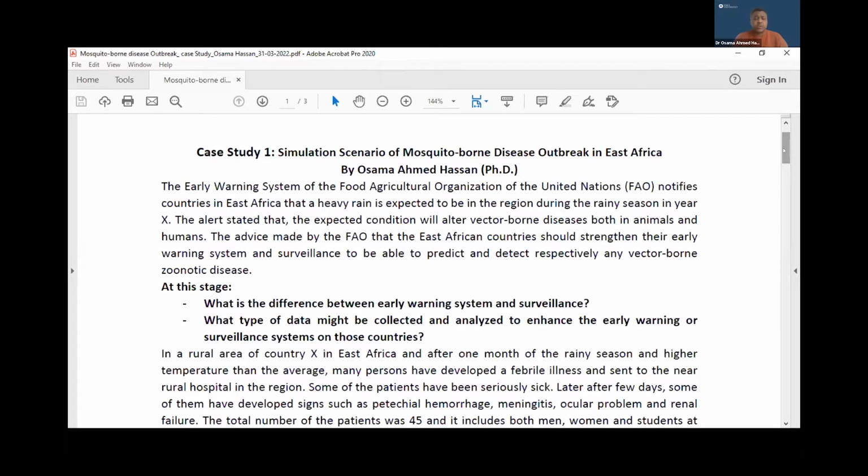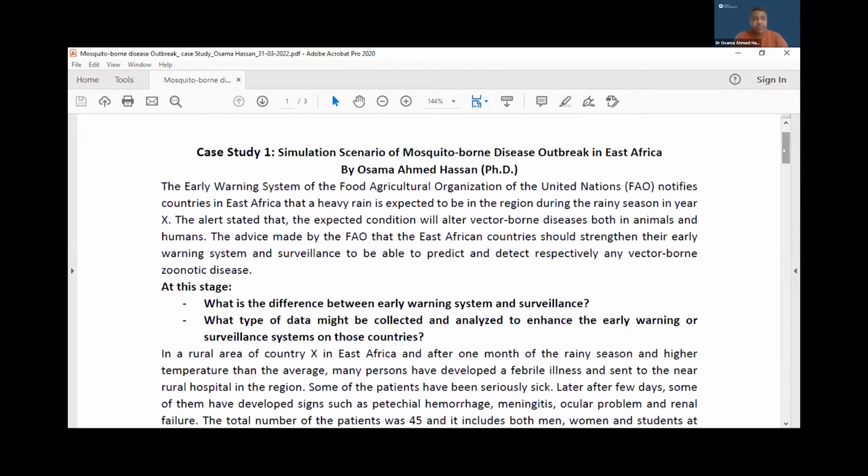Usually, early warning systems predict adverse conditions that lead to outbreaks. And the early warning system offers us a great opportunity of lead time for preparedness on the ground.